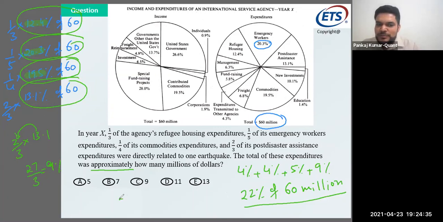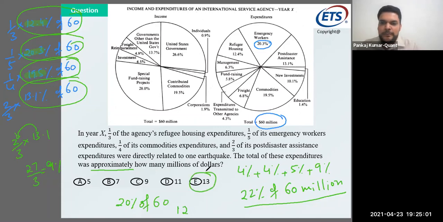Tell me, what is 20% of 60 million? You guys know what is 20% of 60 million? Anyone? Not Vaishnavi, this is not 30. So 20% of 60 million is how much? Yes, Sanchit, absolutely right. Sylvia, absolutely right. That is 12. So definitely 22% is going to be more than that.